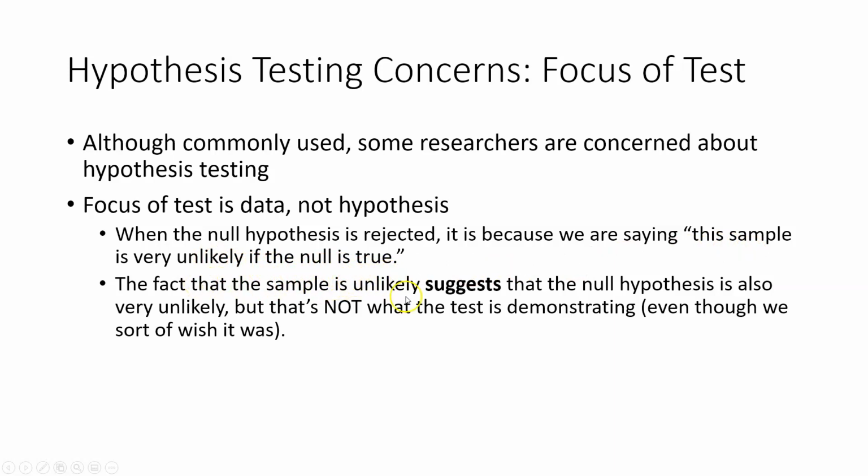But the fact that the sample is unlikely suggests that the null hypothesis is also very unlikely, but that's not what the test has demonstrated. We kind of wish it was, but we haven't said that the null hypothesis is unlikely. All we've been able to say is that the sample we obtained would be unlikely. So there's a little bit of a logical leap there that is difficult for some people to accept.